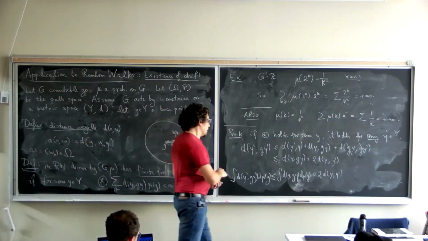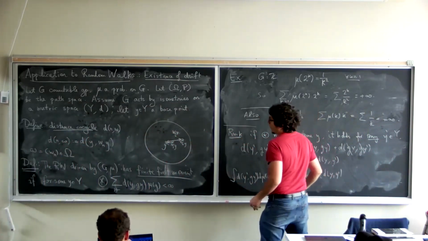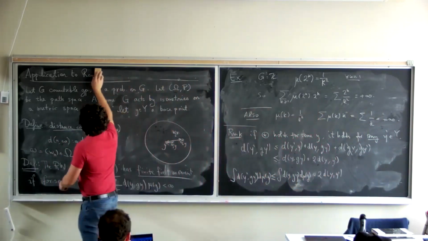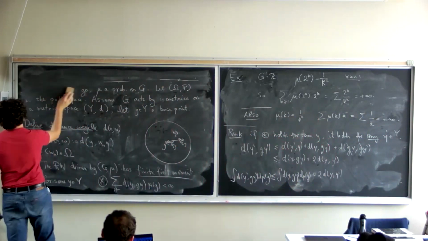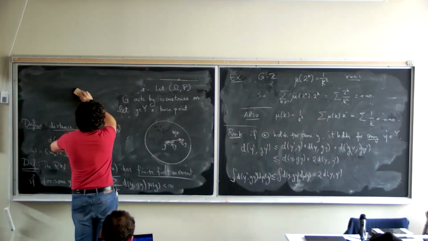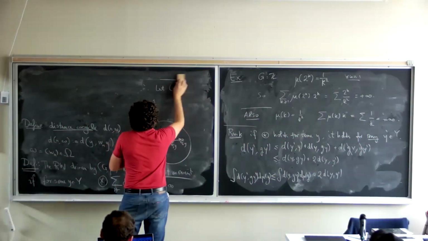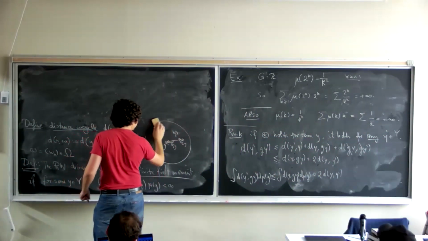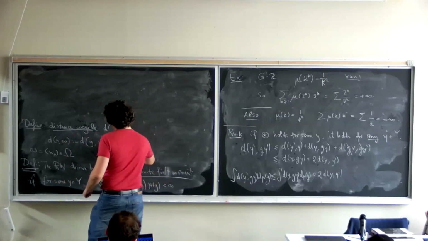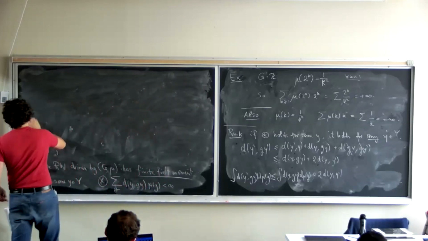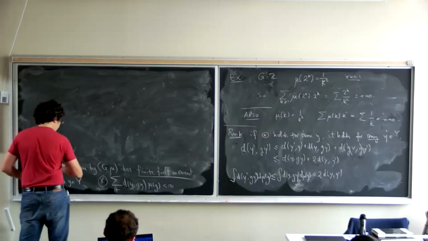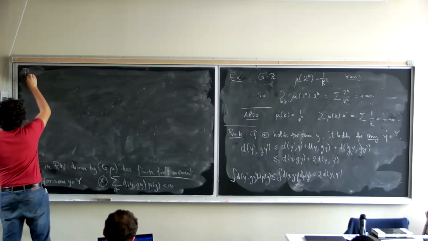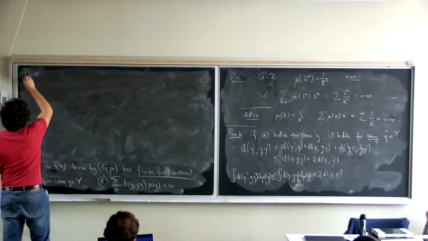Okay. So now let me state the proposition, which, once you have the Kingman ergodic theorem, is not that complicated, but it's definitely a fundamental proposition when you talk about random walks on groups.